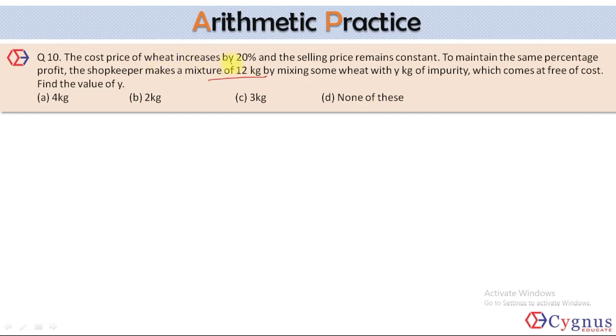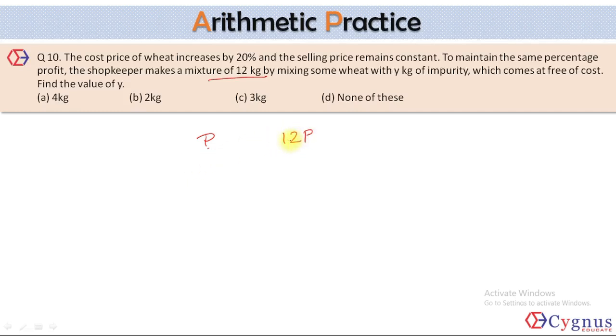Okay. The cost price of wheat increases by 20%. Let's say initially the cost price was P, and what was the previous profit? I don't know. And the selling price remains constant. To maintain the same percentage profit, the shopkeeper makes a mixture of 12 kg. So he was paying how much? P. Now the cost price increases by 20%.